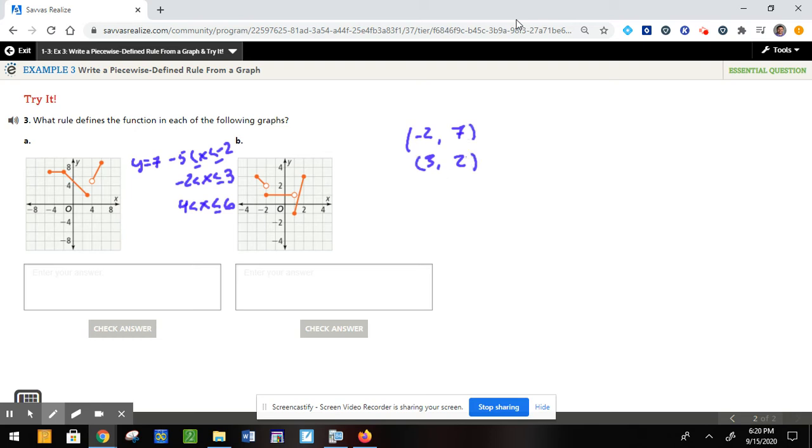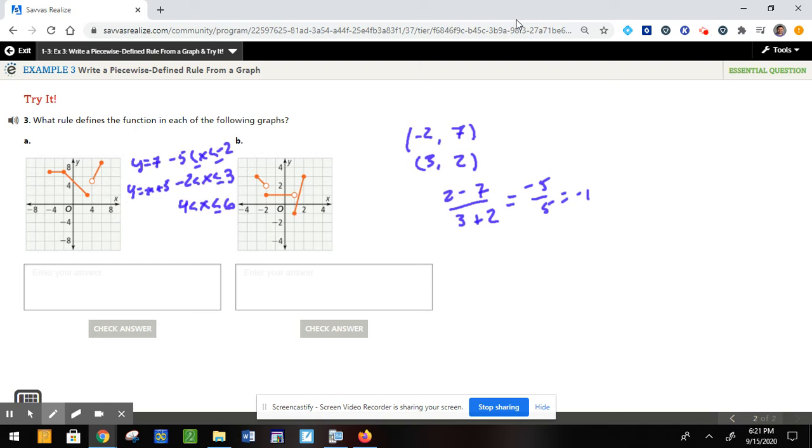So what's the slope between them? So you got 2 minus 7 over 3 minus -2, so 3 plus 2. So you end up with -5 over 5, which is -1. So that actually is a slope of -1, and it's got a y-intercept of 5. So it's y equals -x plus 5.